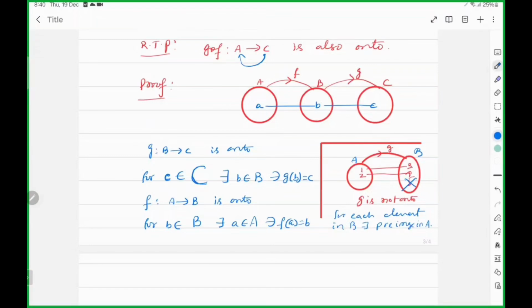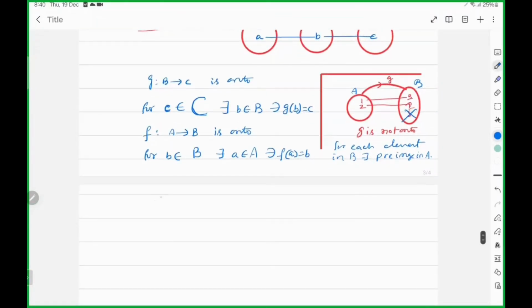So now, g circle f of a, we will consider: g of f of a, that is g of b, which is c.